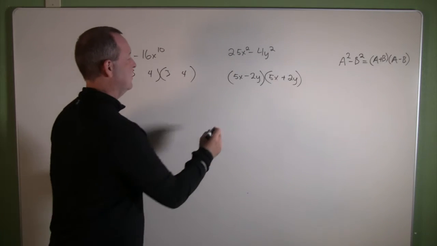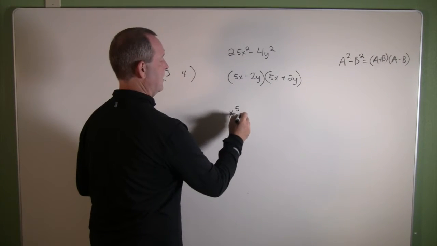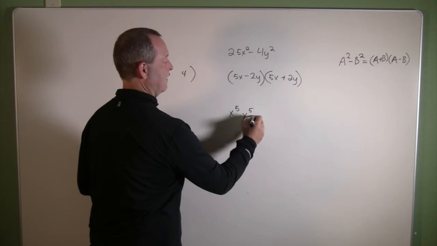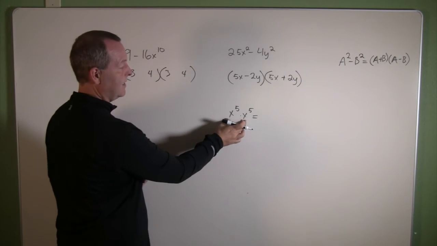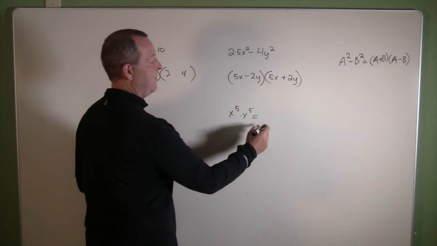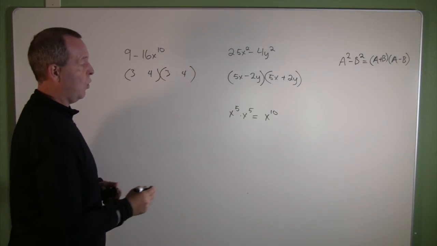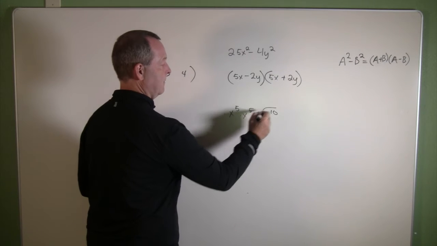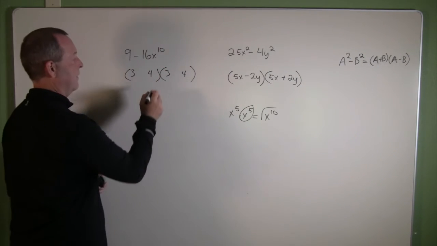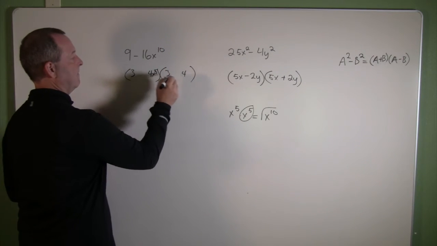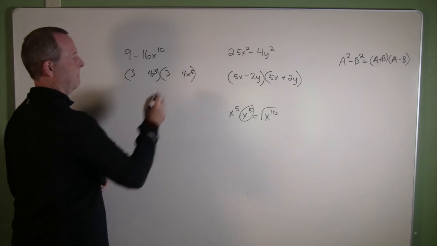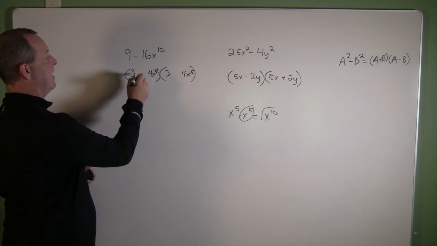So x to the 5th times x to the 5th, multiplying like bases, you add the exponents, so that becomes x to the 10th. So the square root of x to the 10th is x to the 5th. And then I add alternating signs.